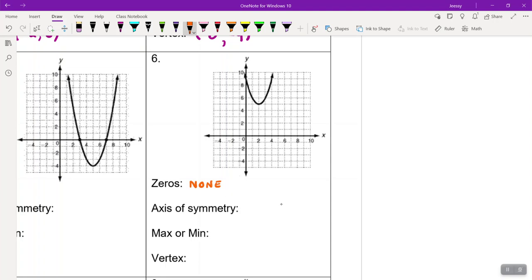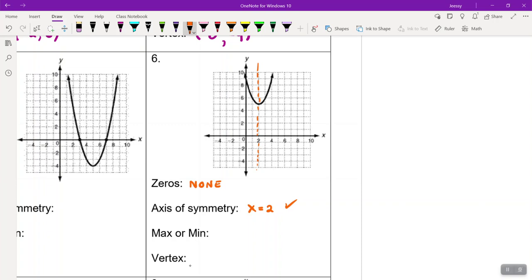Okay. All right. Honestly, what did you put for the axis of symmetry? X equals 2. Right? It's right here. It's the vertical line that goes through the vertex. X equals 2. All right.